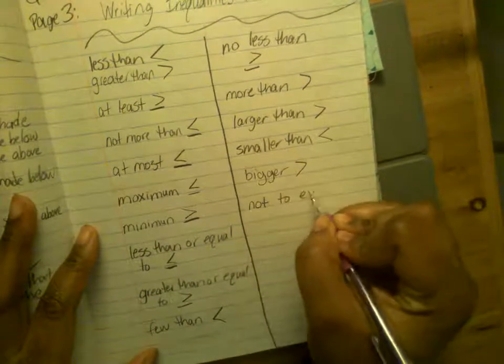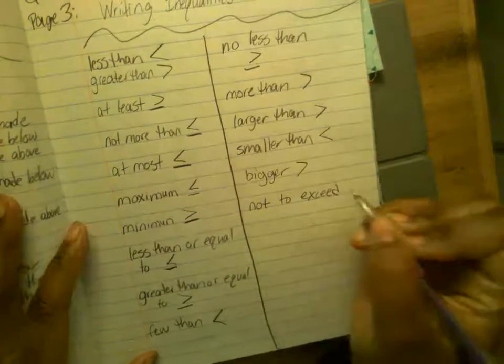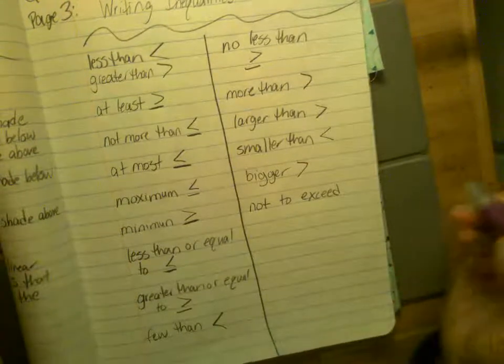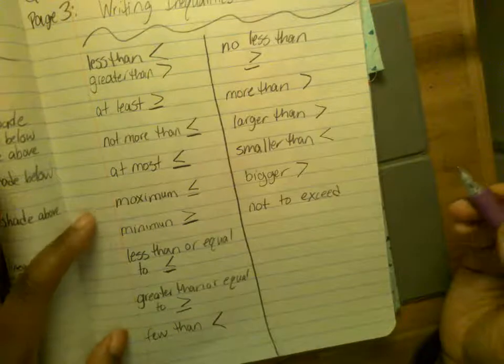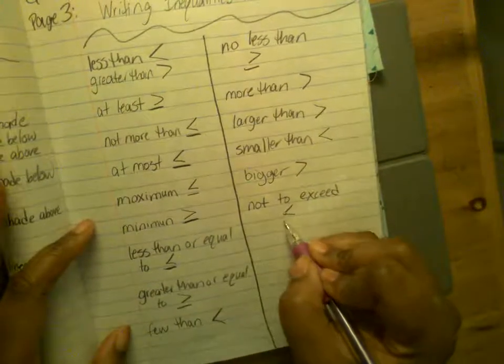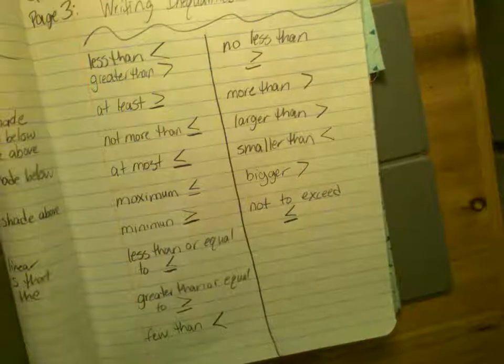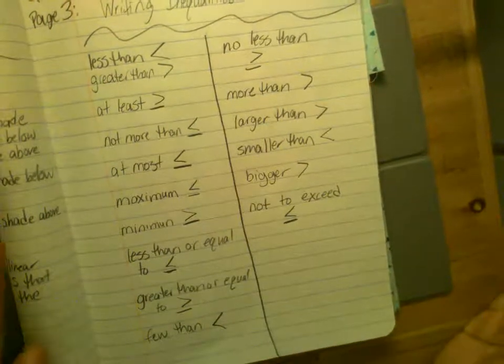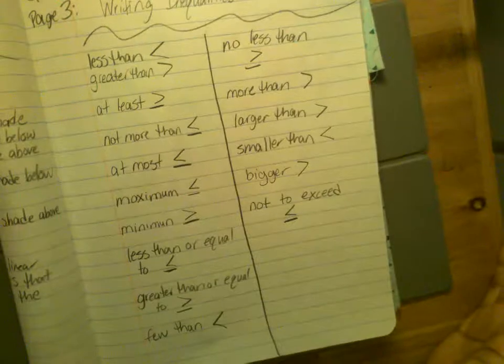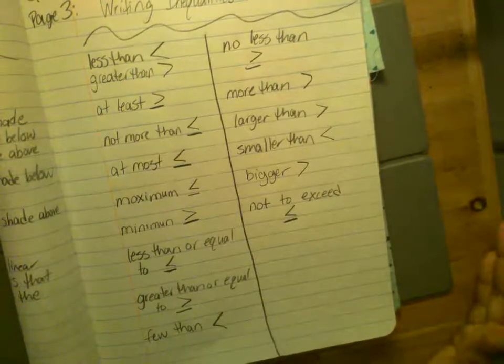Not to exceed. If you're not to exceed a certain amount, it either has to be less than that amount or equal to that amount, but you can't go over that. Okay? Can't exceed 100, then it has to be either equal to 100 or less than 100.